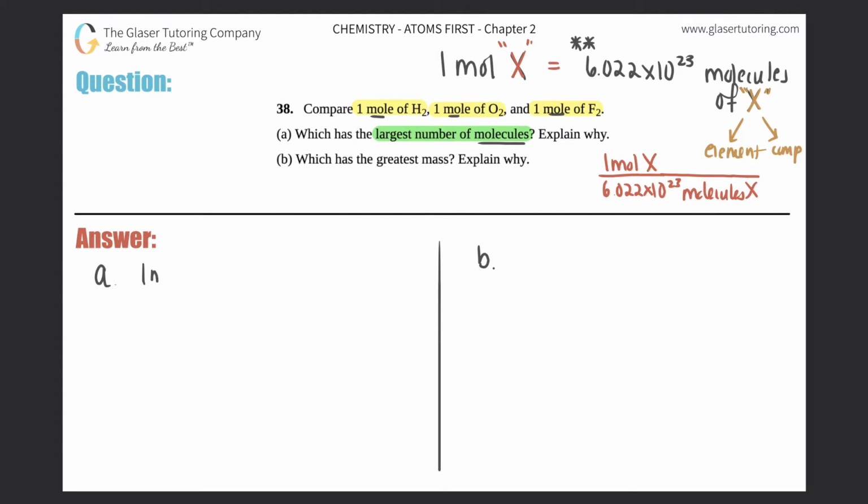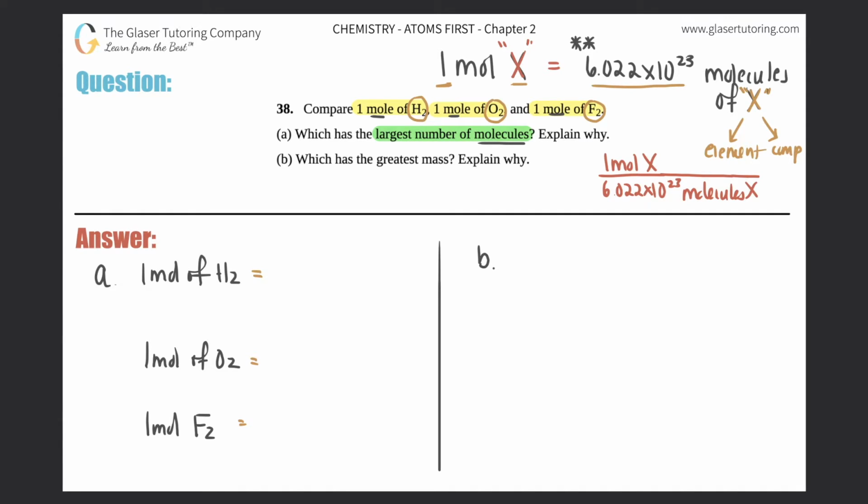If I have 1 mole of H2 versus 1 mole of O2 and 1 mole of F2, how many molecules would each one of them have? Well, 1 mole, no matter what it is, an element or a compound, whether it's H2, O2, or F2, is always going to be 6.022 times 10 to the 23rd molecules.